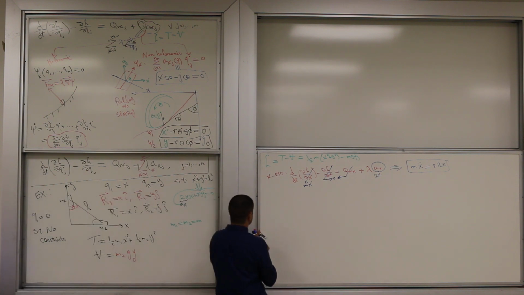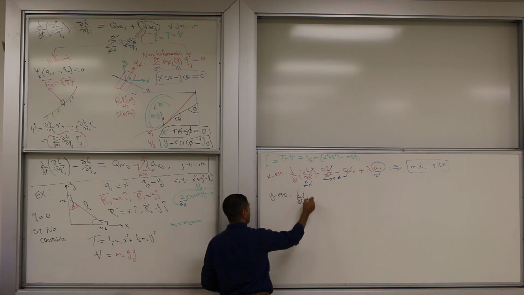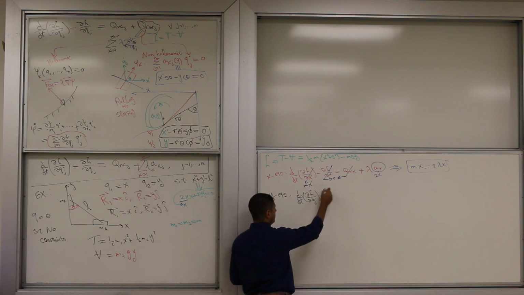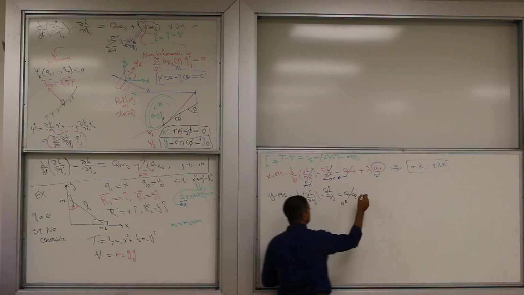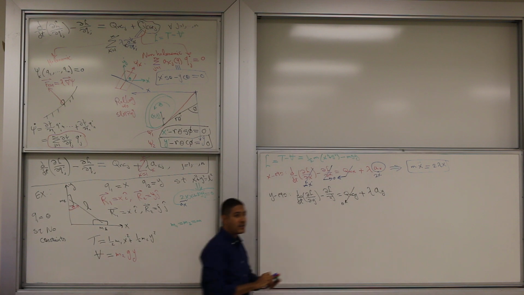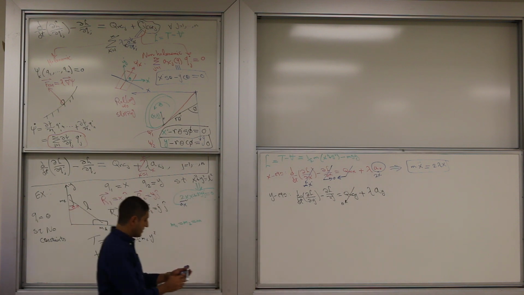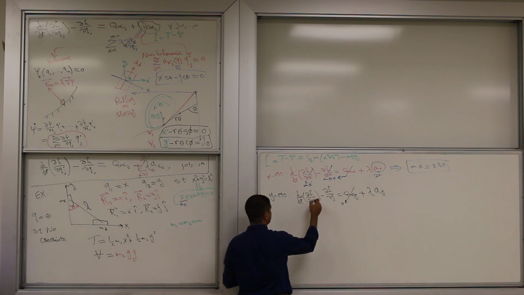Now the y equation: d by dt of partial L, partial y dot, minus partial L, partial y, equals your non-conservative force in the y direction, I don't have any, plus your lambda times ay, the coefficient of y dot, the velocity, in the constraint. This is very easy. This guy is m y dot.